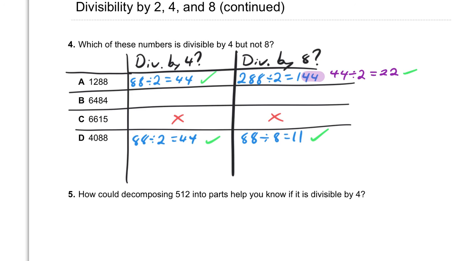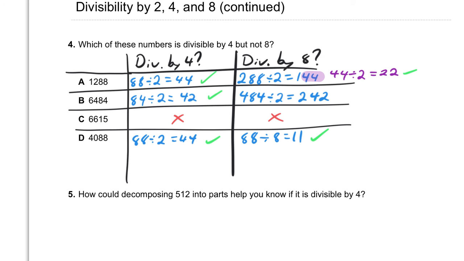When we do this, we'll go 84 divided by 2. We get 42. That's an even number, so that works to be divisible by 4. When we look at divisibility by 8, we go 484. We divide it by 2, and we get 242.